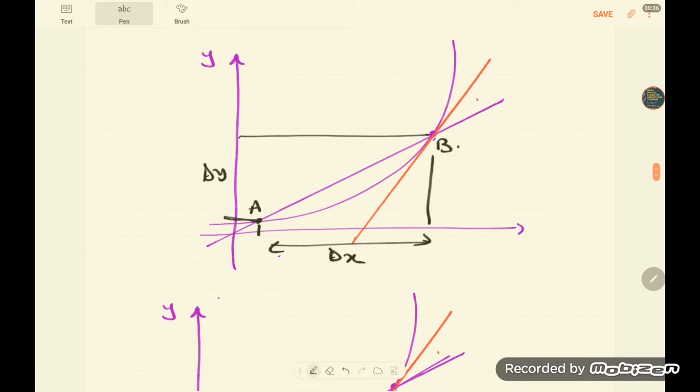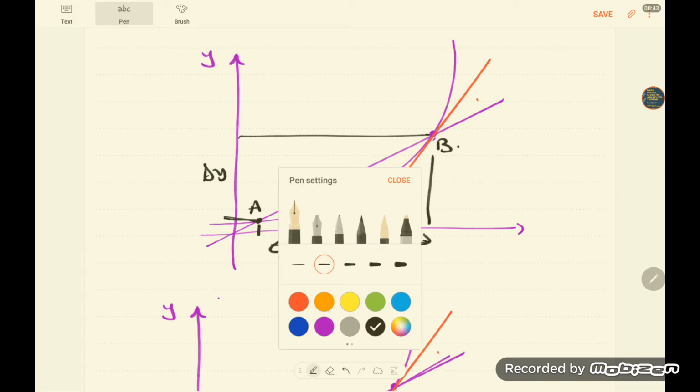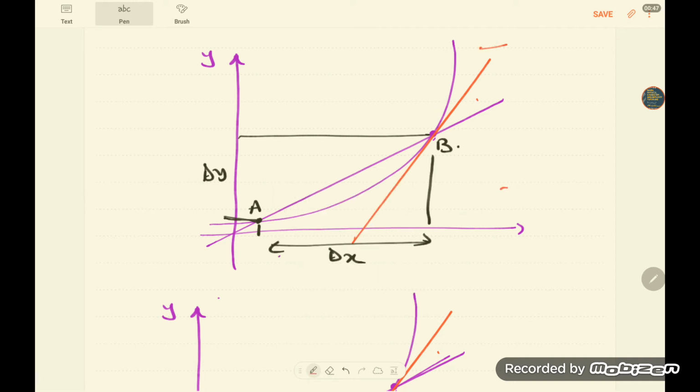But we know for a fact that the only way we can move... I'm going to call the tangent in red, the red line, which is a tangent, BT. So we want AB to become BT, because BT is the tangent, right? But remember that the tangent only has one point of contact, and it'll be difficult to use just one point to find the gradient.